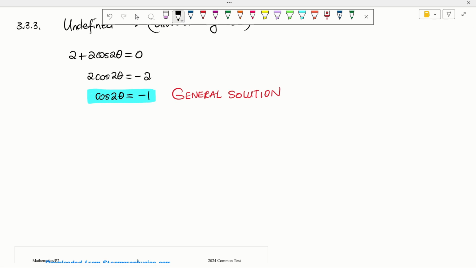After we express our equation in this form, so that we have a trig ratio equal to a specific number, we go and calculate a reference angle. So step 1 from there, calculate the reference angle.